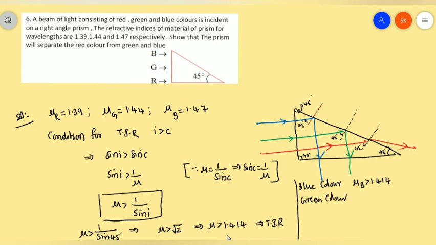For the green color also, the refractive index is greater than 1.414, because green is 1.44.